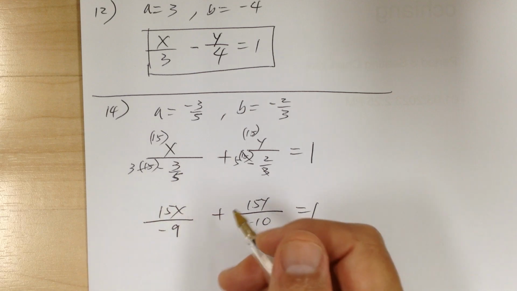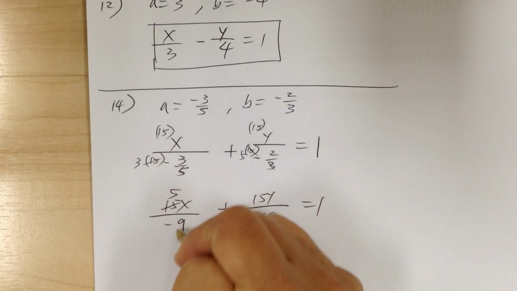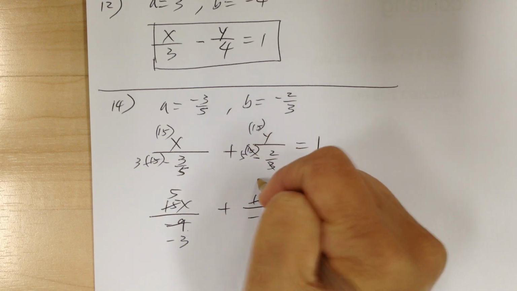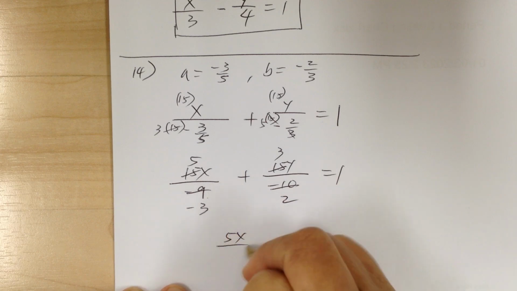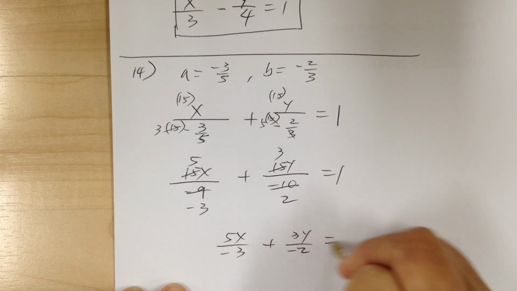Actually, you want to reduce. You get 15 and 9, right? You can reduce by 3, so you get 5, negative 3. This one you can reduce by 5, so it'd be 3 and 2. So you got 5x over negative 3 plus 3y over negative 2 equal to 1.